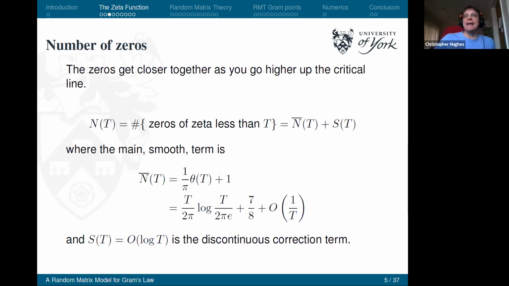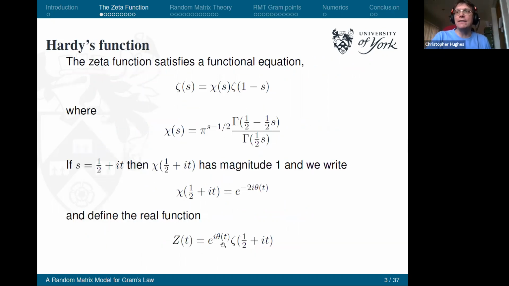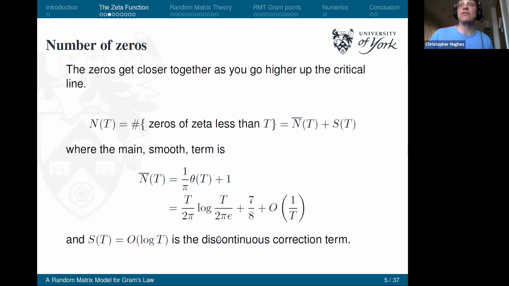You can write this counting function as a smooth term, which I call N bar of t here, plus an error, S of t. And N bar of t, if you work your way through the mathematics, is 1/pi theta of t. So that was the same theta that we saw before. It's exactly this same function that turns up in the counting function.